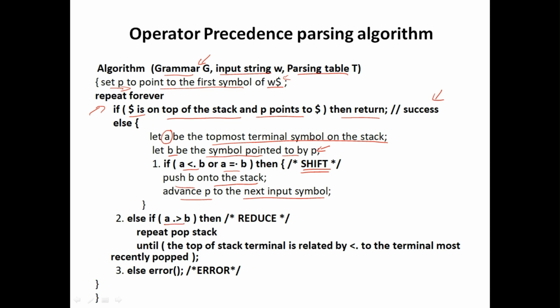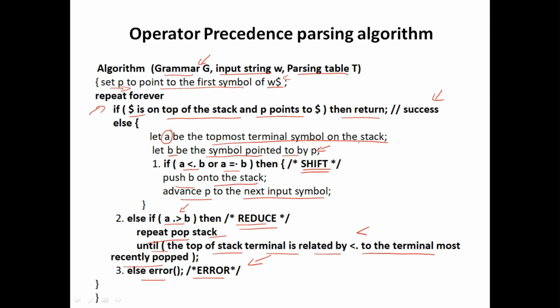Otherwise, if the topmost terminal symbol on the stack has greater precedence than the current input symbol, then we have to perform reduce. Repeat: pop the stack until the top of stack terminal is related by less than to the terminal most recently popped. Otherwise, an error is going to be displayed.